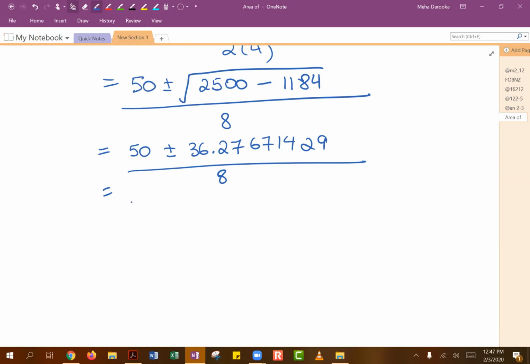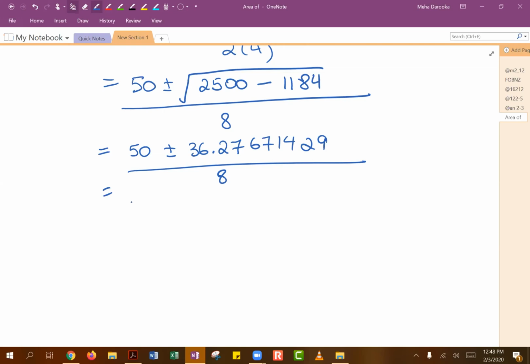All right, so I'm going to do this once with adding the 50 plus the 36.2767, and then divide that by 8 and round to 2 decimal places. I wouldn't round the 36.2767. I would round once I add the 50 and divide by 8.